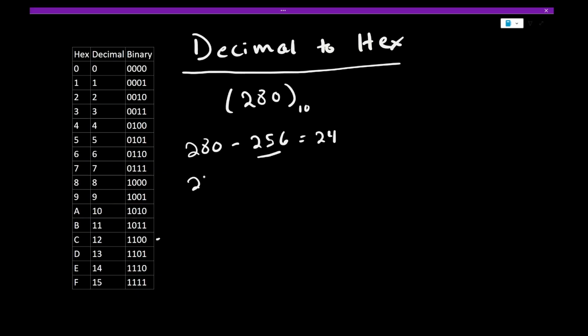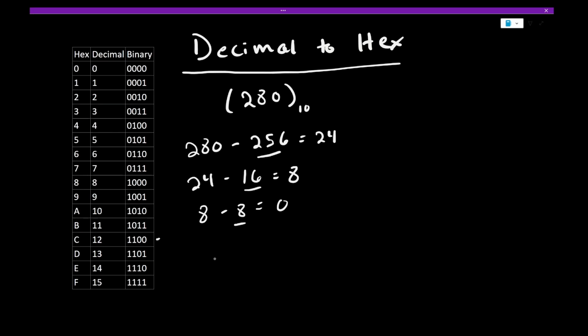So 24 minus the next biggest power of 2, which is less than or equal to 24, is 16. That equals 8. And then 8 minus 8, since 8 is less than or equal to 8 and it's a power of 2, we have 0. So we have 3 essentially on values, or values that will be identified as a 1 in binary.